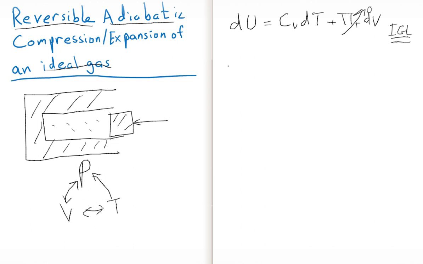Well, we could write the first law of thermodynamics, that the change in internal energy is equal to the work and the heat flow. So we'll write those out as infinitesimal changes. And then say, all right, is there anything we can say about this equation? Well, yes, we can cross off this term because we know that the process was adiabatic.